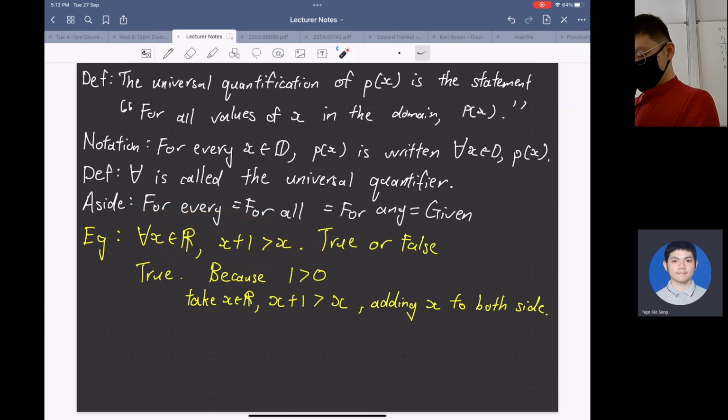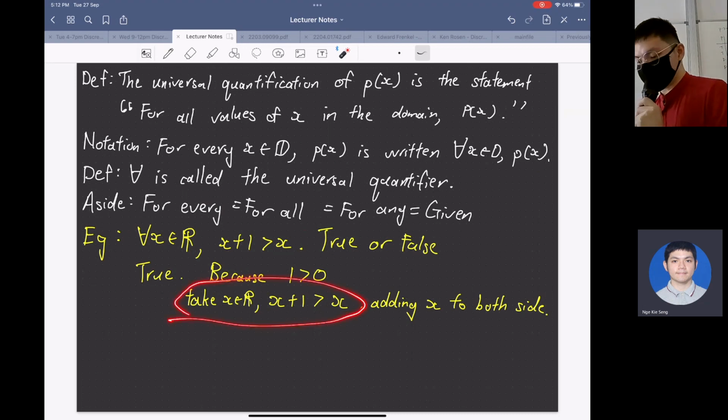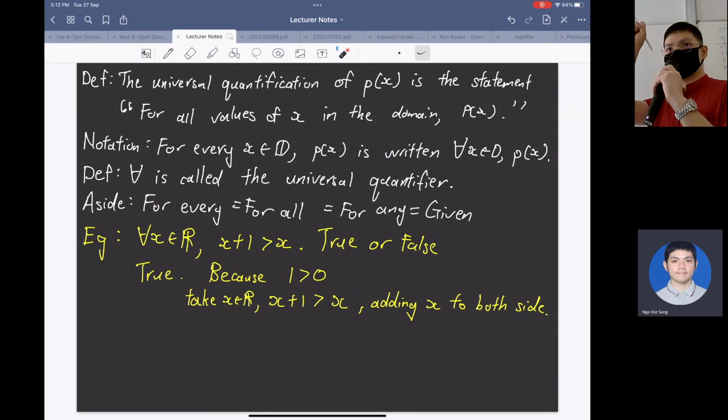There's a subtlety here. This statement says it works for all x, every x you put in, it works. Here, what I did is I take one x and I put it in. In fact, they are equivalent.